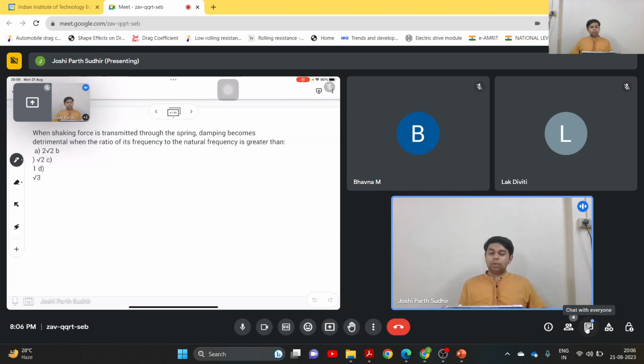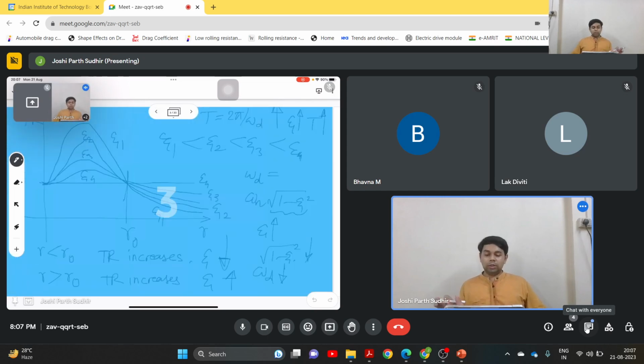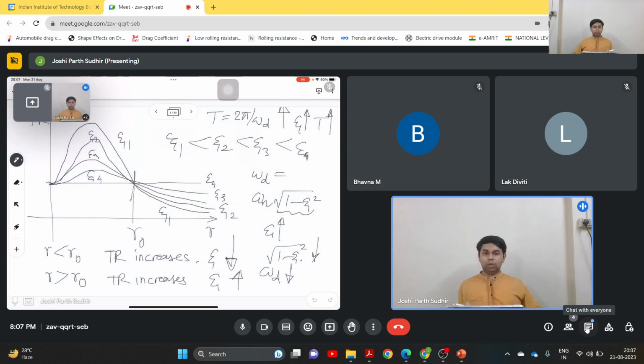When shaking force is transmitted through the spring, damping becomes detrimental when the ratio of its frequency to the natural frequency is greater than what? So this is in continuation with what we just saw. We saw the plot of the transmissibility ratio. It actually changes its nature as the frequency ratio crosses this R naught value.